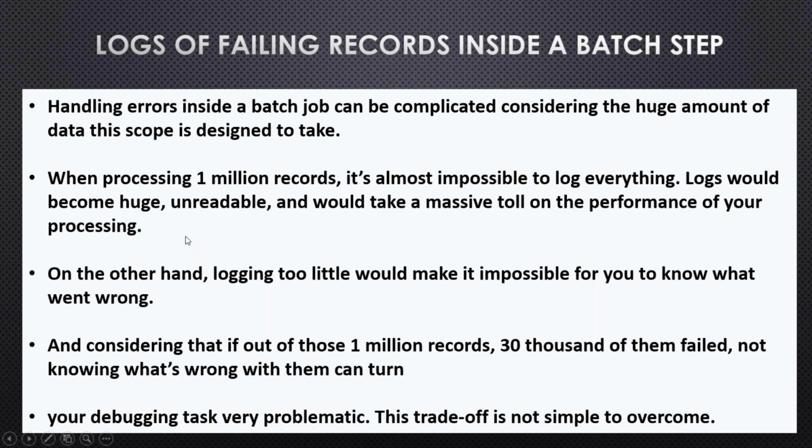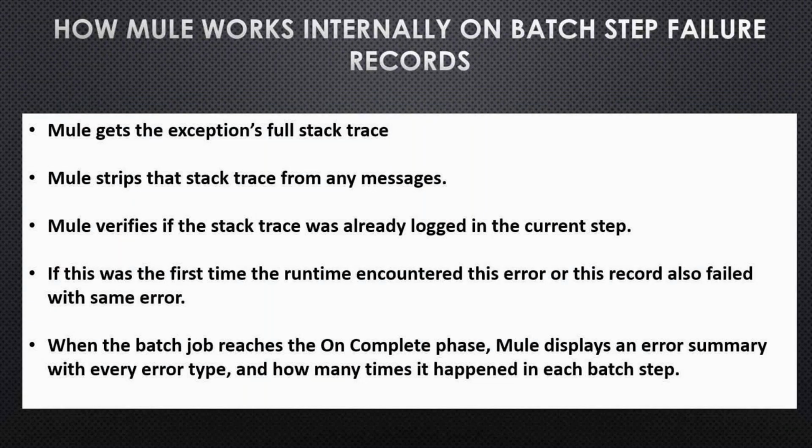If we are printing the error 30,000 times in the console, definitely that will decrease the performance of the processing. So to avoid that, Mule internally provides logic inside the batch job so that it prints one stack trace along with the count of how many times it happened. Let's see how to do that practically.